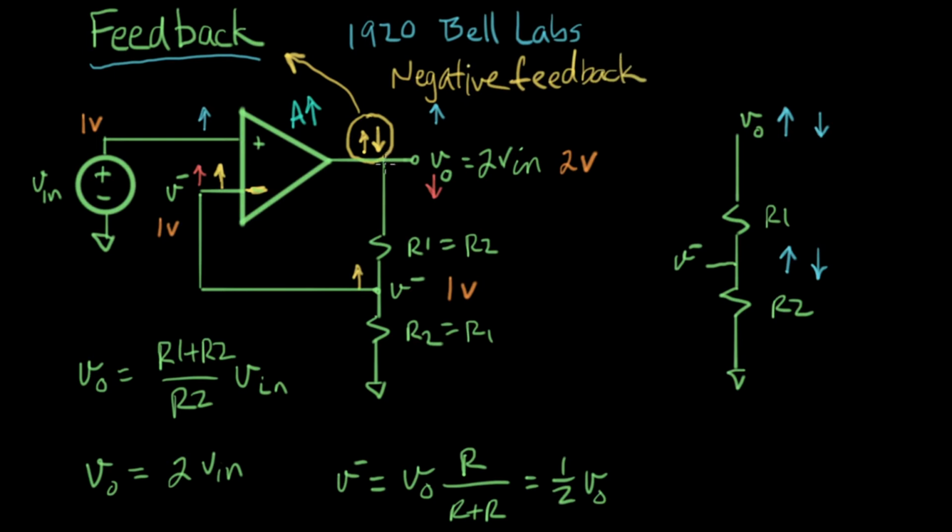What it does for us is provide a way to exploit the enormous gain that these amplifiers have, to create really stable, nicely controlled circuits that are controlled by the values of the components we attach to the amplifier. So that's the idea of feedback, a really powerful idea and really at the heart of analog electronics.